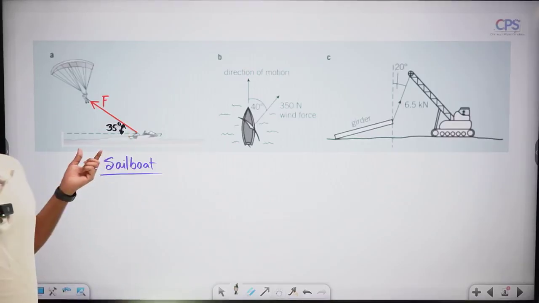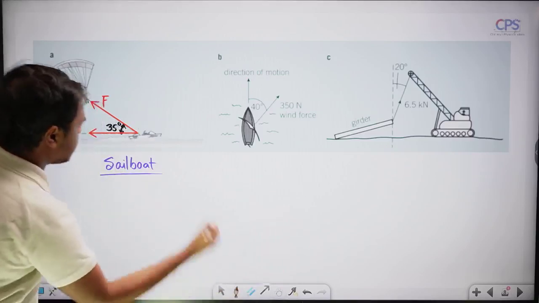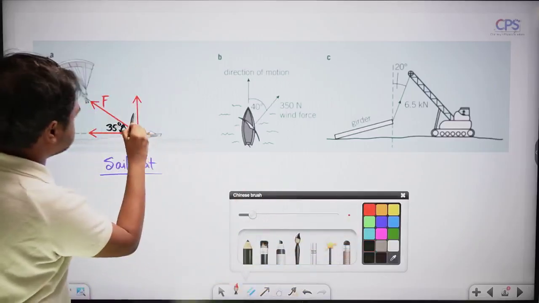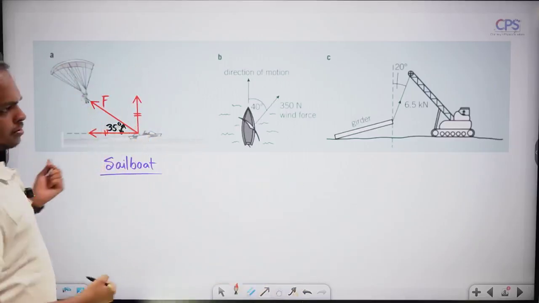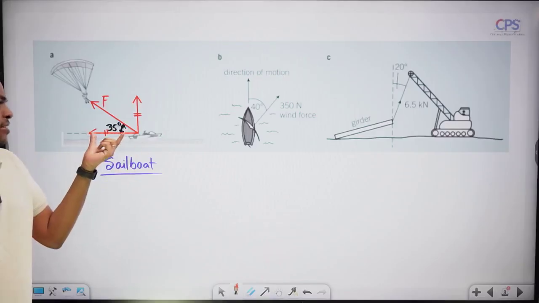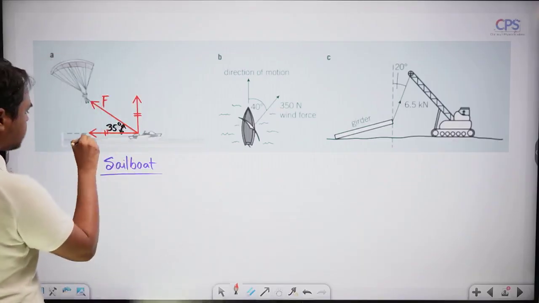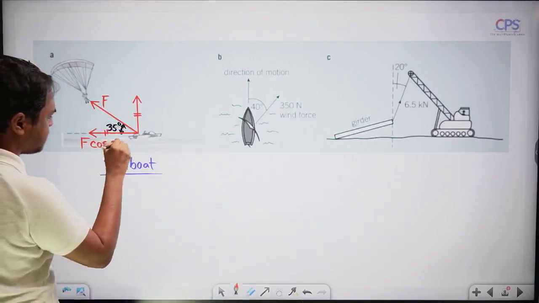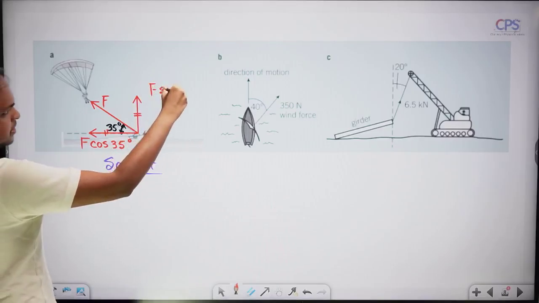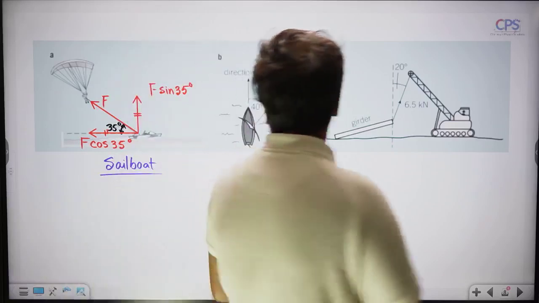So what are the components of it? The components will be towards this one and this one, right? These two will have to add up to this one. That's very easy. This is 35, this is the adjacent one, so we get F cosine 35, and this is the opposite one, F sine of 35. Easy.